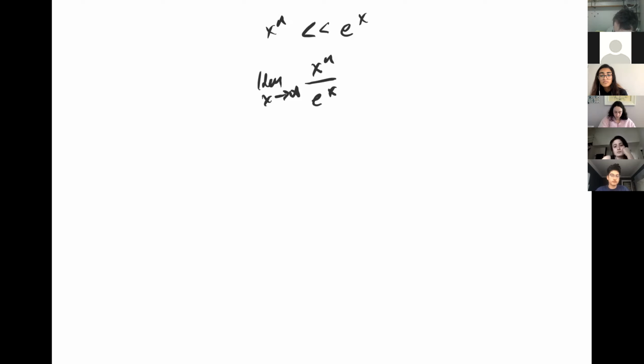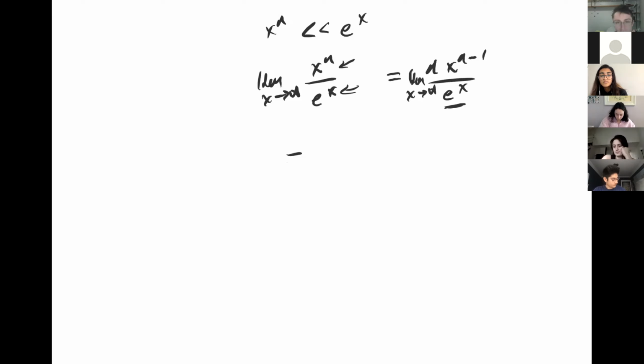So we check, do top and bottom both go to infinity? Yep. So then we take the derivative and we get n x to the n minus 1 over e to the x, because the derivative of e to the x is just e to the x.